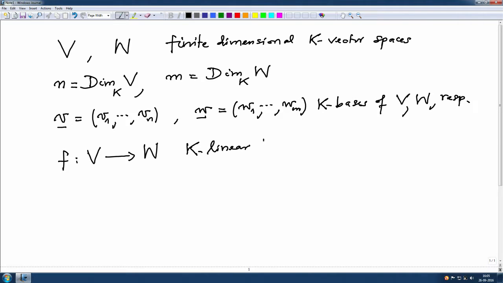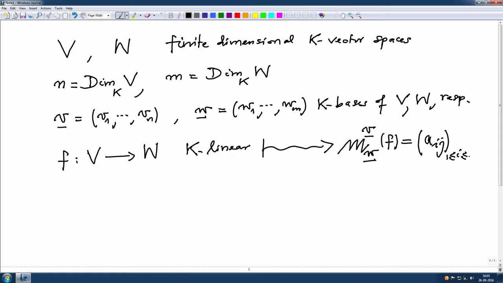Then to this linear map we have associated a matrix M_V,W(F). This is an m cross n matrix (Aij), 1 ≤ i ≤ m, 1 ≤ j ≤ n.